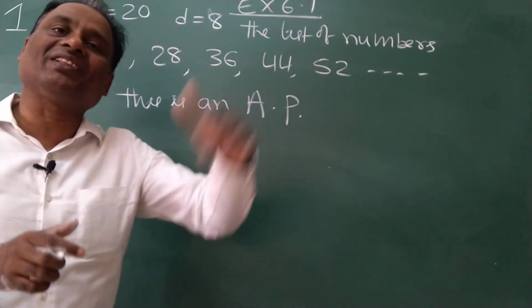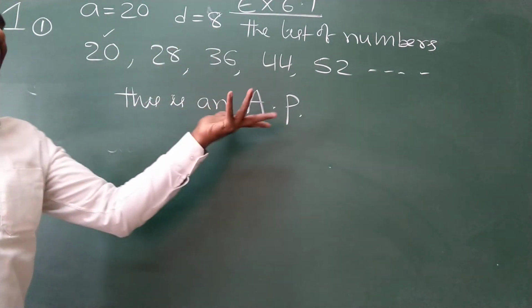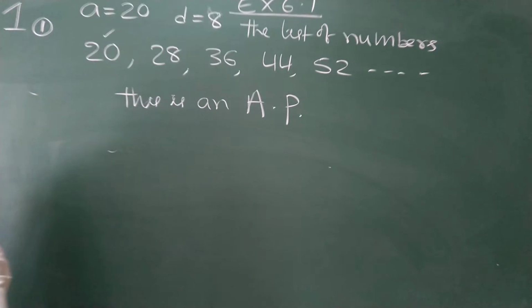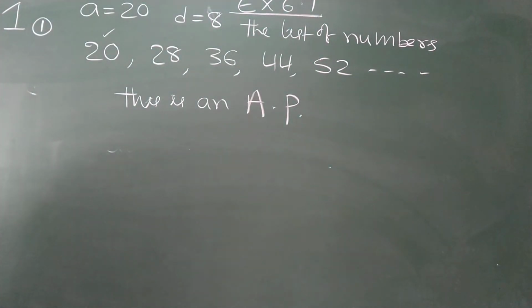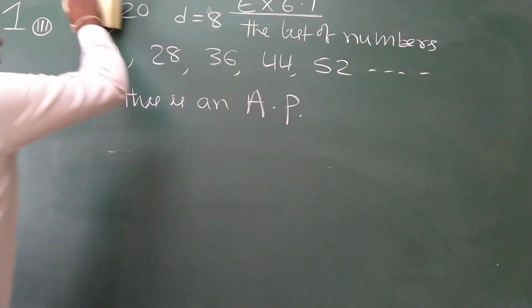Like that, 8 difference. Why 8 difference? Because each kilometer 8 is added. That's it. Same model, I will explain the third one.